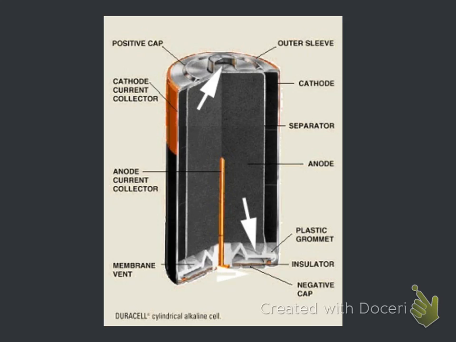All right, let's just quickly consider a normal real-life cell. Here's a diagram of a cell, and if you haven't already, you certainly will study some of the redox chemistry that allows you to understand how these cells work. But just remember that the cap on the top end of the diagram indicates the positive side of the battery, and the flat end on the other side indicates the negative.